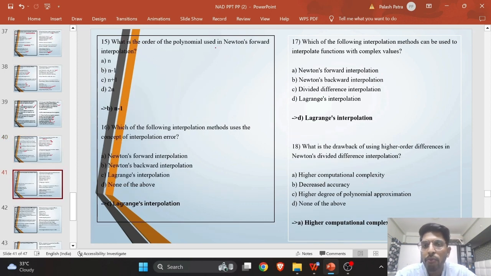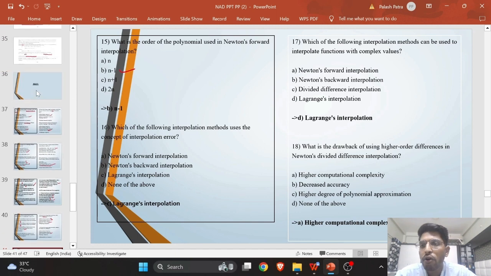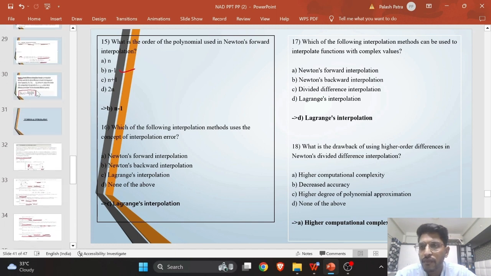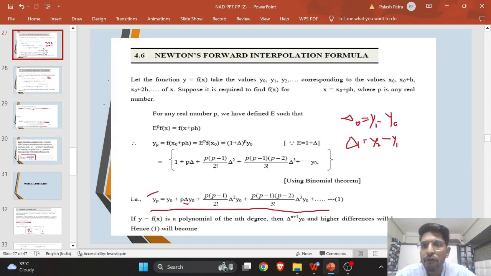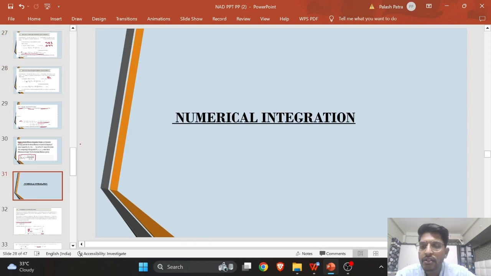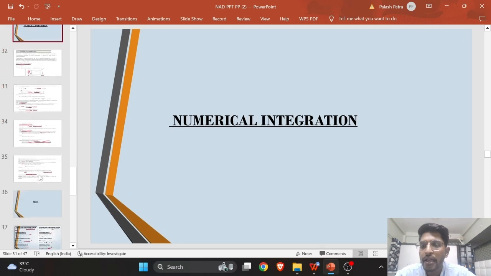What is the order of the polynomial used in Newton forward interpolation? The order of the polynomial used over here is n minus 1. As we look into the formula of Newton forward, as we can see over here, which is y0 up to yn, so y up to n terms, which gives us a polynomial of n minus 1 terms.